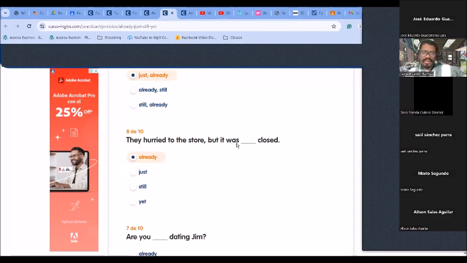And also with the was doesn't flow as good. So this one would go with already. But the idea is correct. The finished event. In this case, when they arrived, it was closed. So we don't know if it just happened or if it closed before they arrived. Okay? So repeat with me. They hurried to the store, but it was already closed. Repeat. They hurried to the store, but it was already closed.